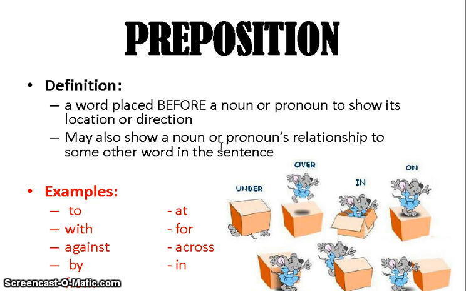A preposition is one of about 60 closed class words. For example, in, on, etc. These are small words.